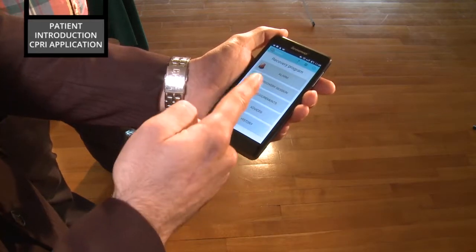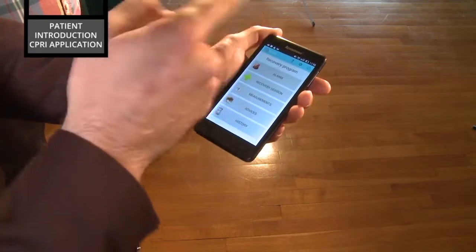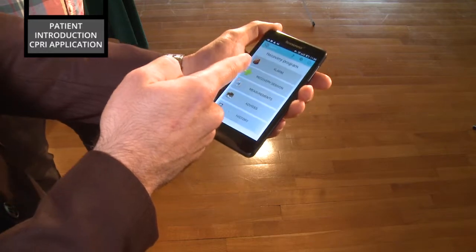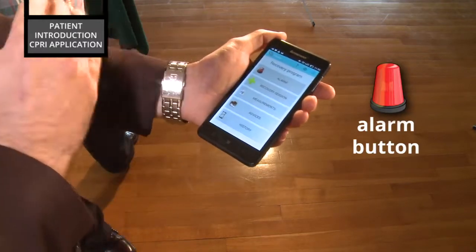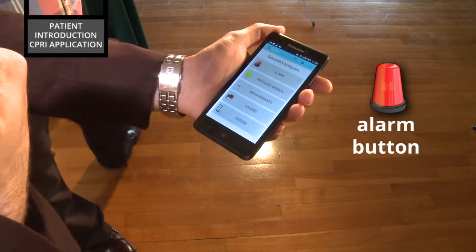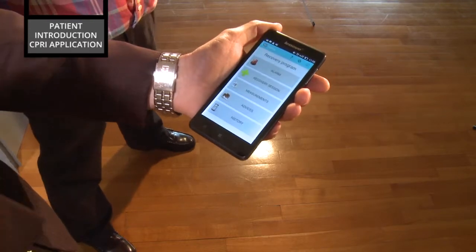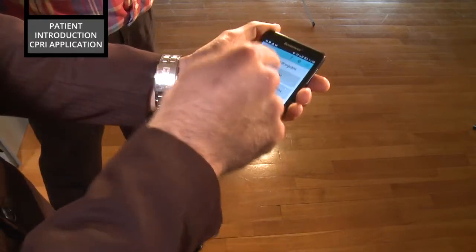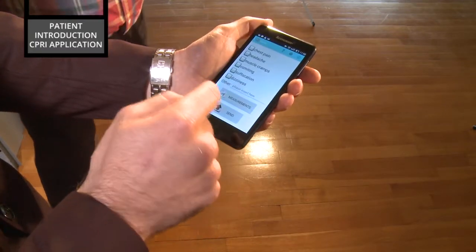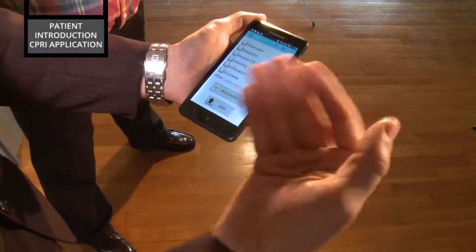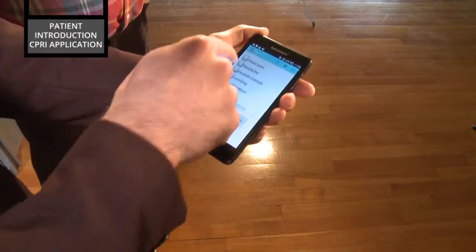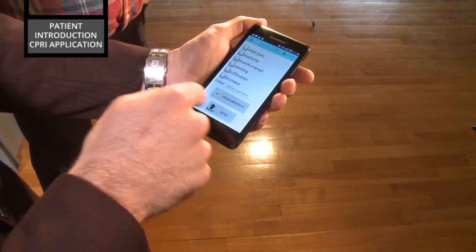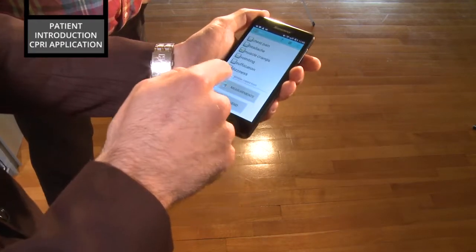So you can see that once you get home, the main button of the application will be the alarm button. In case you have any symptoms that the devices won't determine, like chest pain, because you don't feel the chest pain, or dizziness, you press the alarm button. You check the general symptoms, and after that, if you want, you can measure the blood pressure.